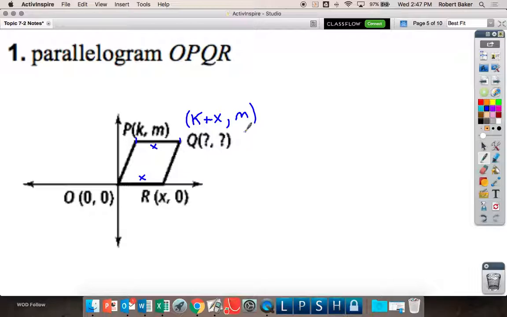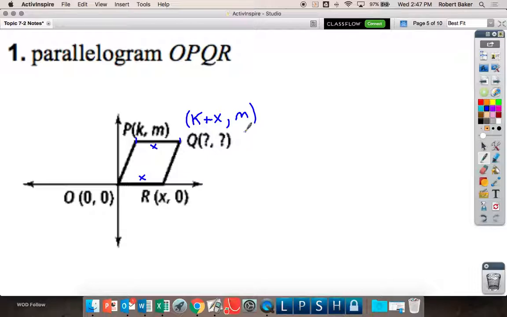No. So when I'm asking you diagonals bisect each other, that is me asking you to remember that they cross each other at each other's midpoints. So if you were able to find the midpoint of OQ, and you were able to find the midpoint of PR, and they were the same midpoint, they would bisect each other, and it would be a parallelogram.